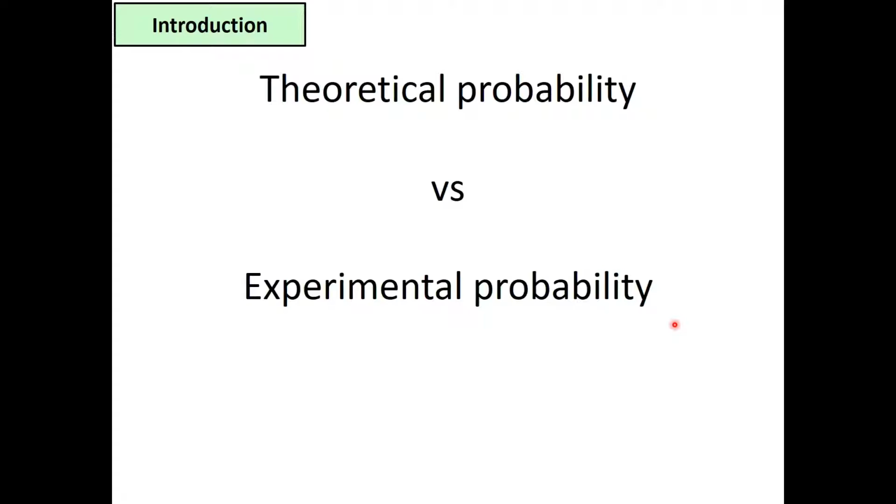So if I get heads the first time, theoretically I should get tails the second time, because out of every two flips I should get a heads and a tails. That's what the theory says.